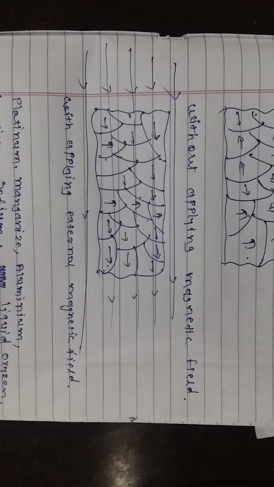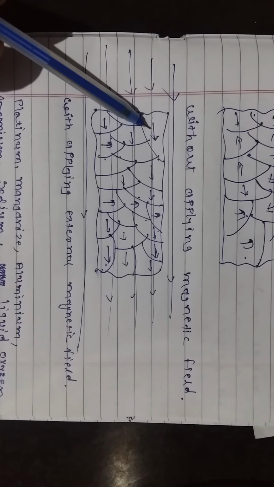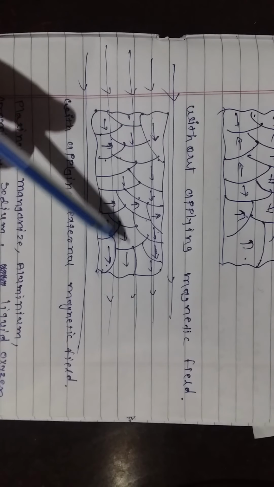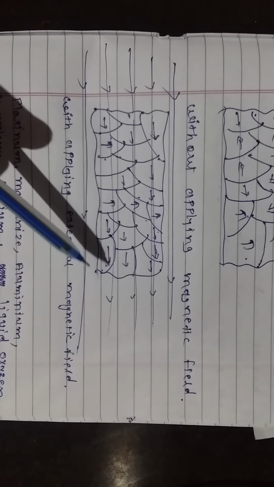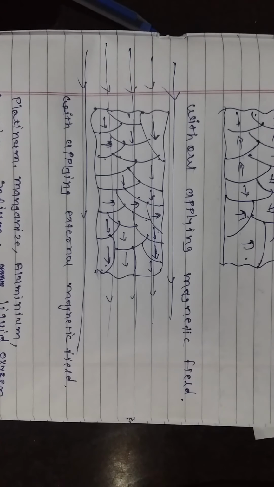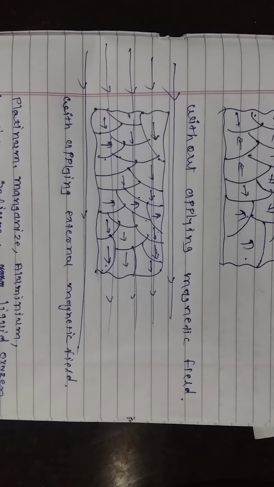That means some kind of effect remains due to the applied external magnetic field. So in the ferromagnetic material, some of the magnetic moments remain in the same direction even if we remove the external magnetic field. Okay, so these are the ferromagnetic and paramagnetic materials.